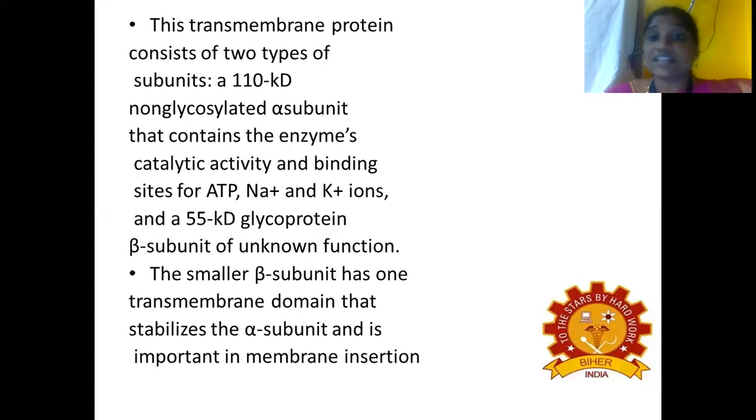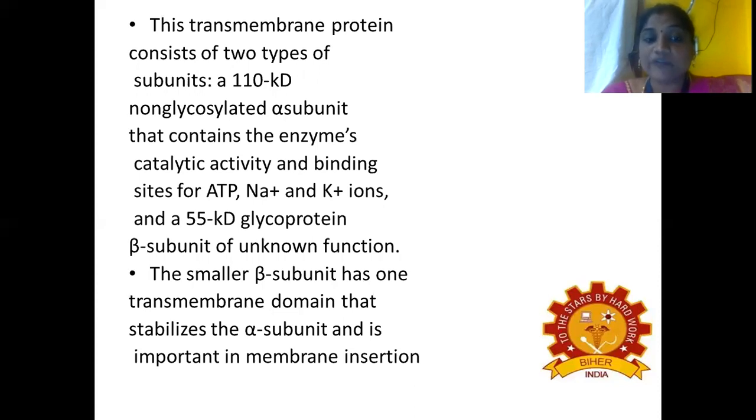This transmembrane protein consists of two types of subunits. One subunit is a 110 kilodalton non-glycosylated alpha subunit that contains the enzyme's catalytic activity, and it contains the binding sites for ATP, sodium and potassium ions.